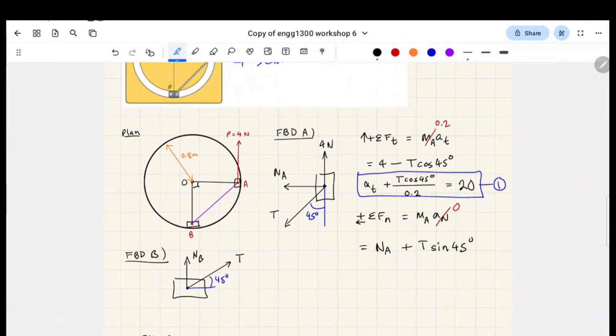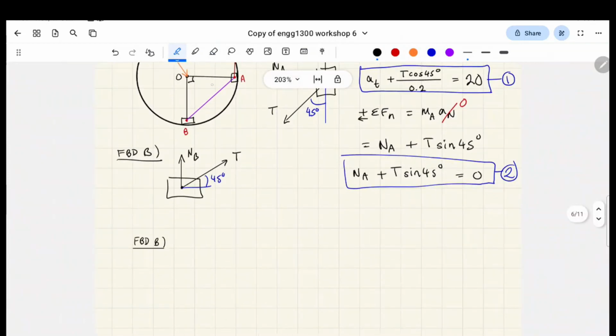Like before, we have two unknowns, but we're going to set it up so that the constants are on the same side. So I'll write it like this. That's our second equation.